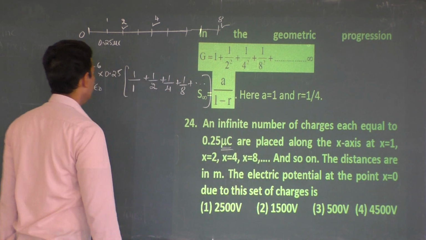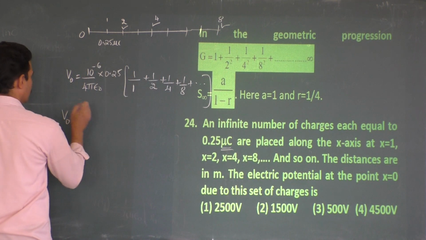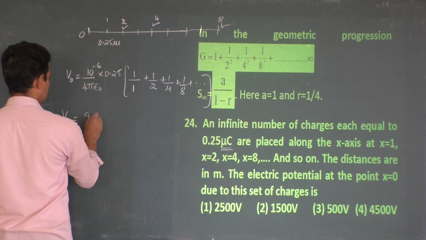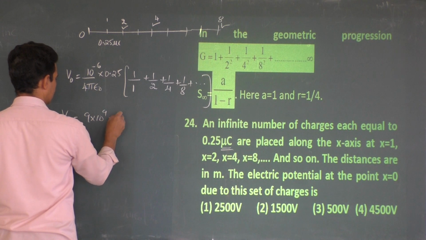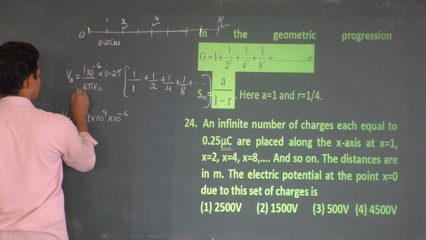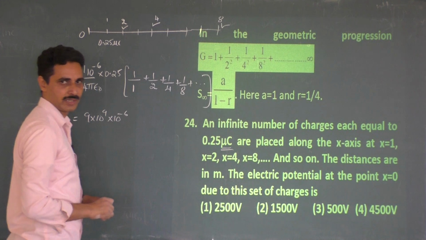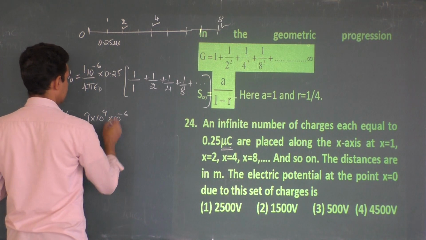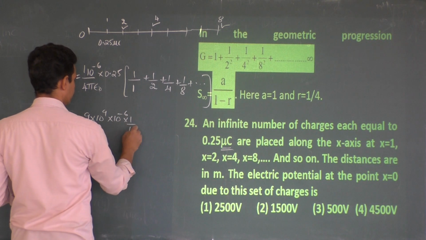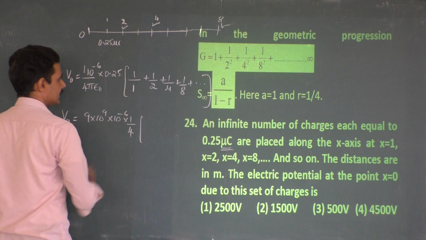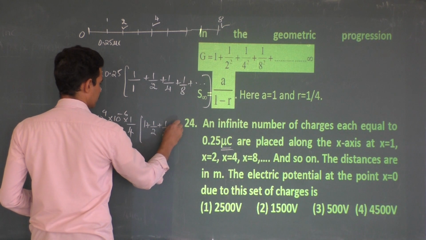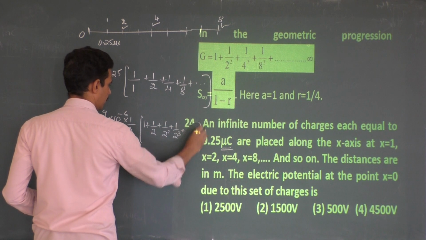Now potential at O can be written as 9 into 10 to the power 9 into 10 to the power minus 6, since 1 by 4 pi epsilon naught is 9 into 10 to the power 9. This can be written as 1 by 4 into the progression 1 plus 1 by 2 plus 1 by 2 square plus 1 by 2 cube plus so on.